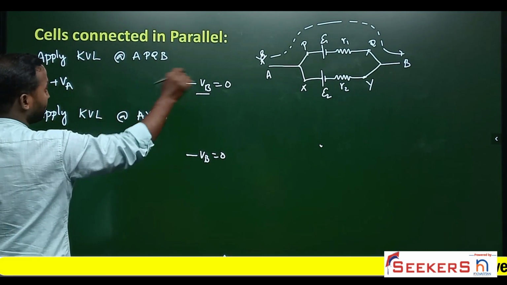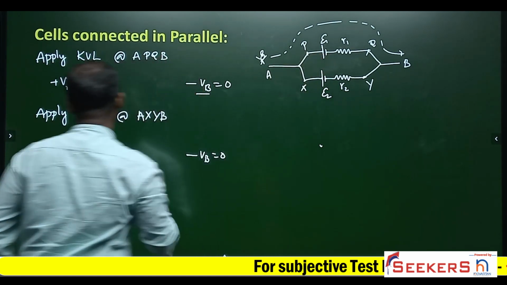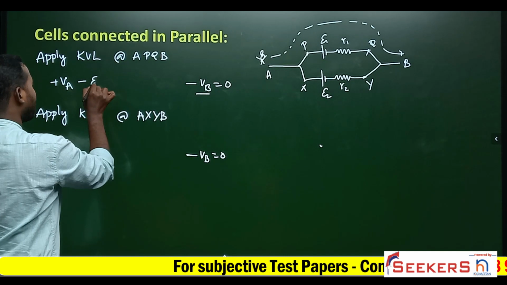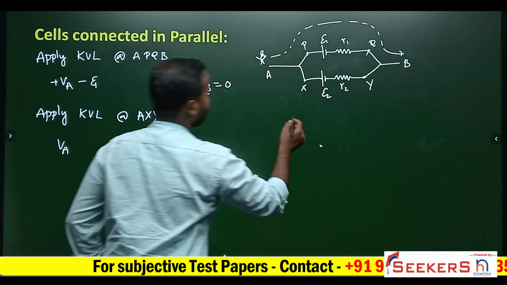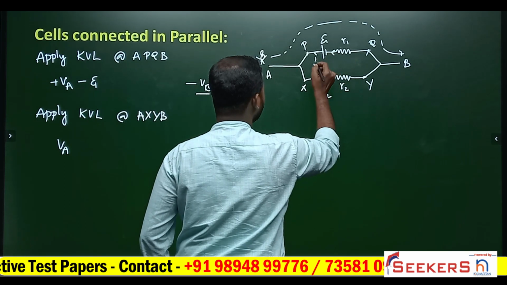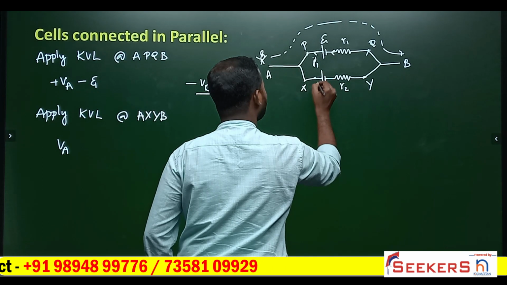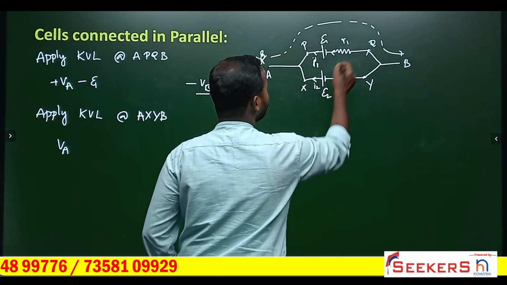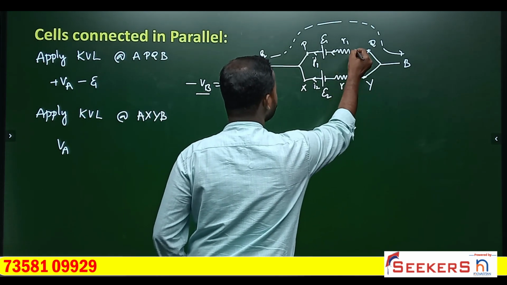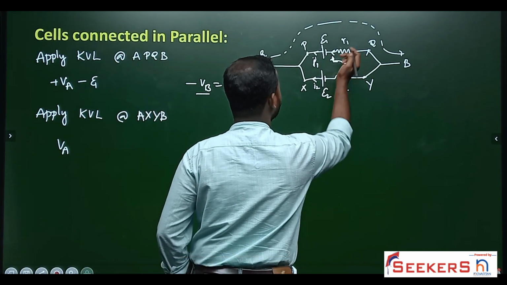Okay. So here along my path I am experiencing potential drop. I am going from high to low, so potential is dropped, minus. Now current is generally going from higher potential to lower potential. Let us say this current is I1 and this current is I2.